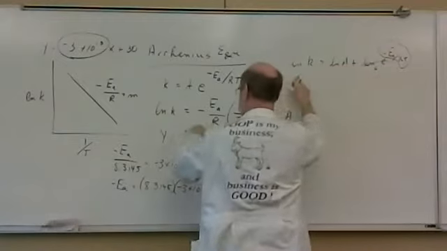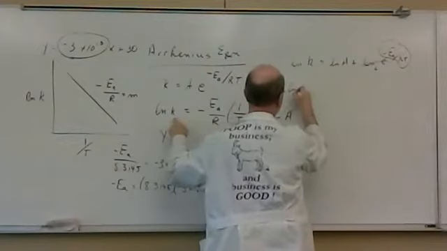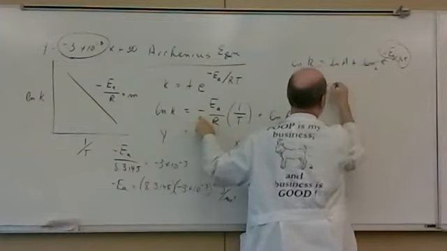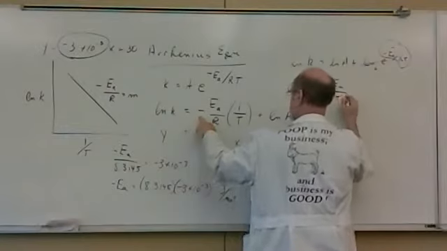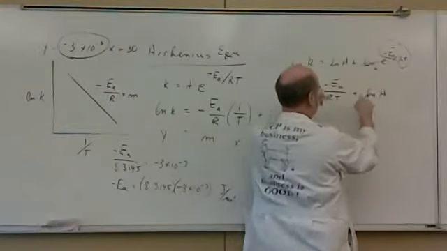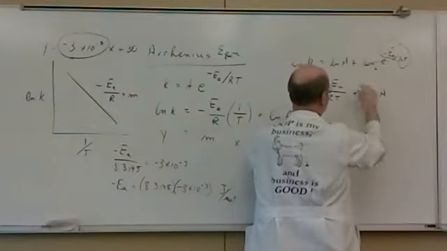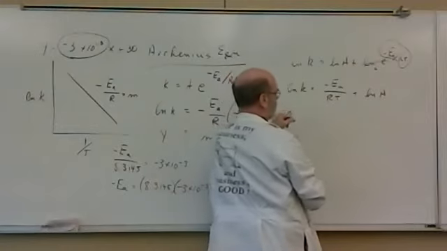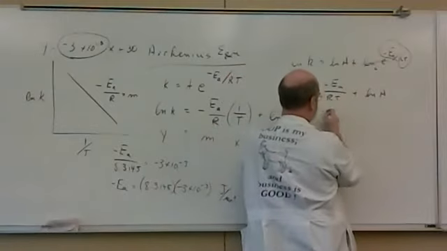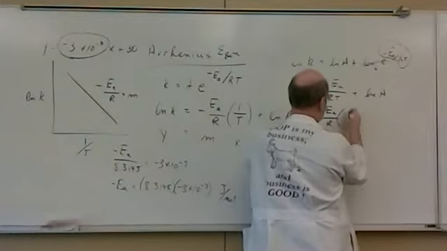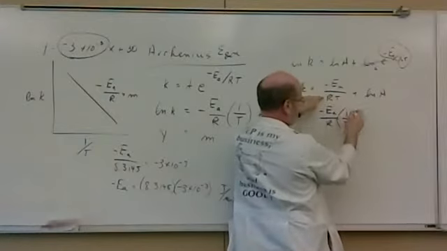I'm just putting them in a different order. Then if we factor out minus E sub A over R times 1 over T, because T is in the denominator.